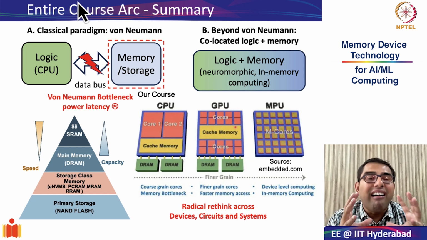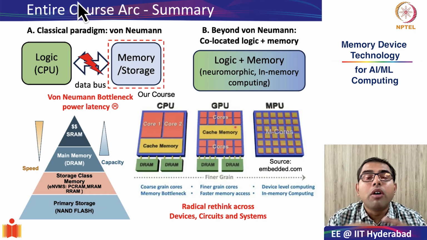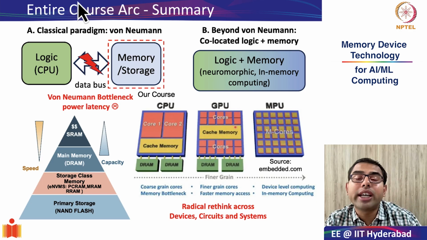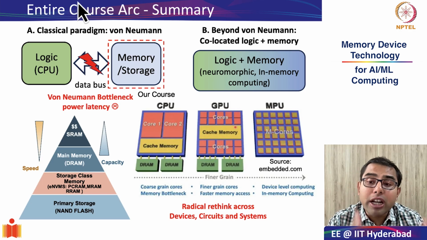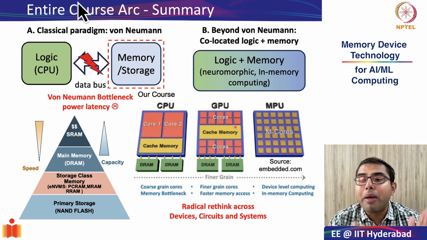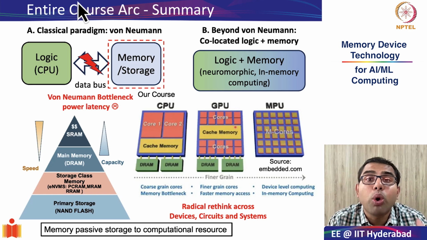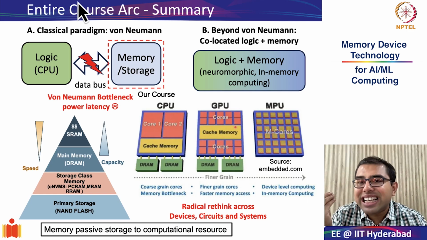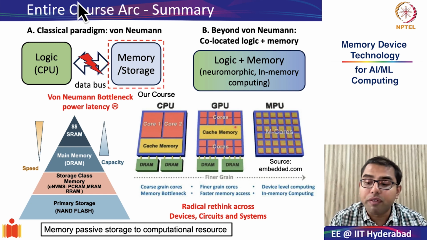This also motivated us to think that a radical rethink is required across devices, circuits, and systems. Computing is going to fundamentally shift from logic to memory driven computing, where the memory elements are no longer passive storage elements, but essentially a computing resource. That is what we saw at the end of our course.